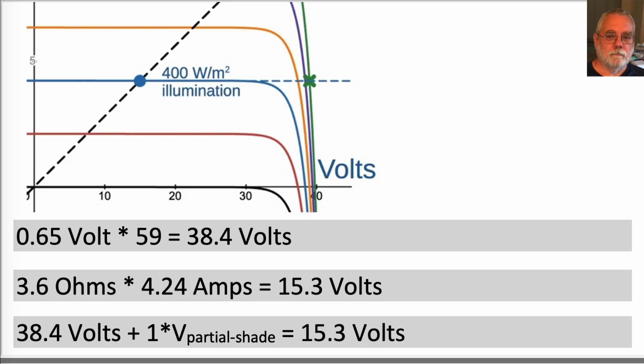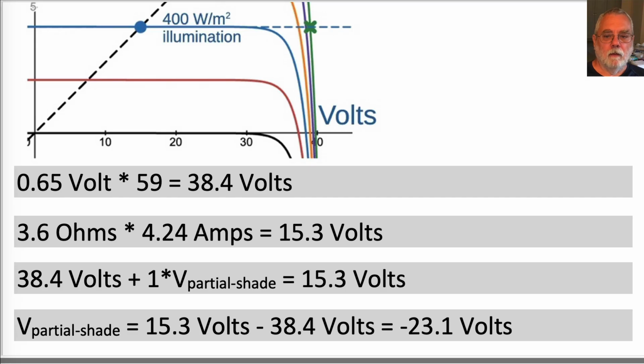38.4 volts plus the voltage on the partially shaded solar cell equals 15.3 volts for this fixed load. So the voltage on the partially shaded solar cell equals 15.3 volts minus 38.4 volts equals minus 23.1 volts.